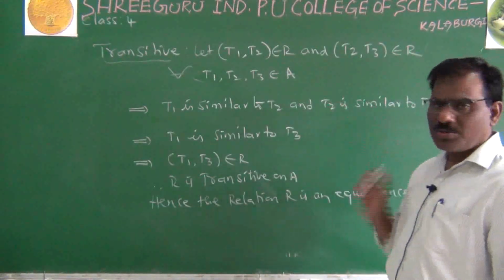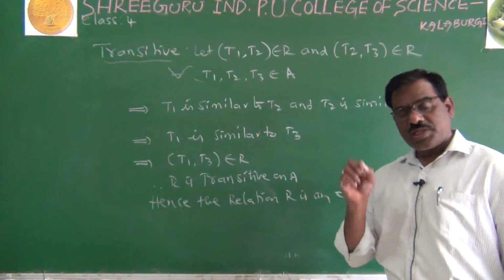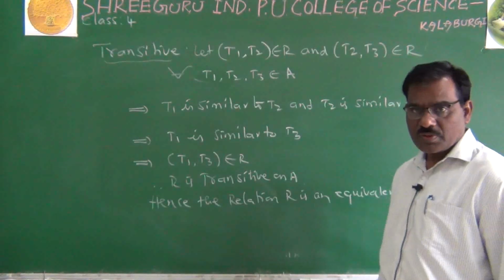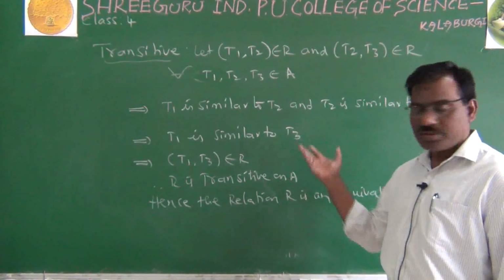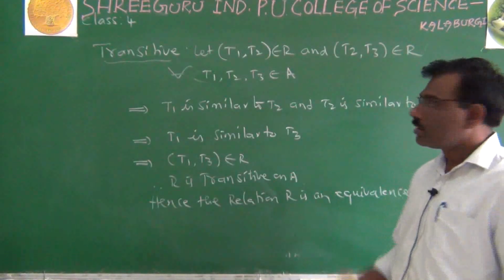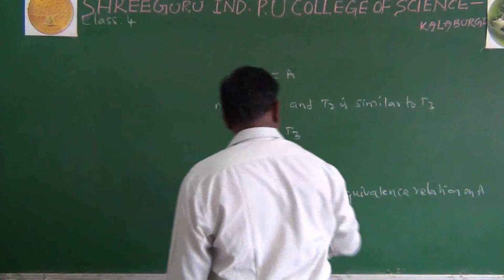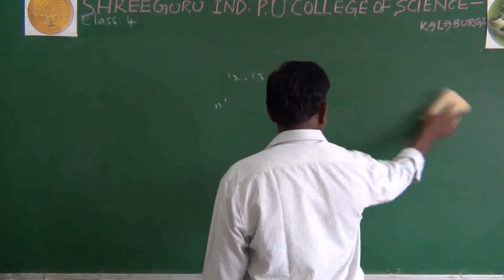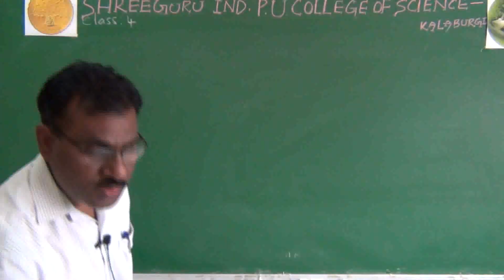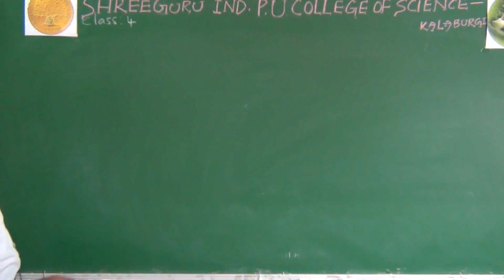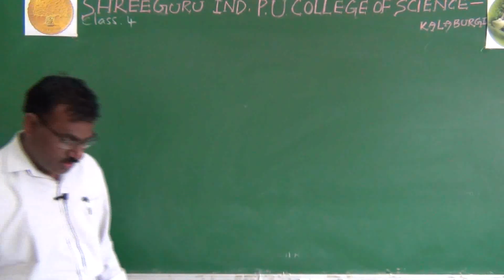So this is a standard problem. Similar is always an equivalence relation. And one more problem of the same type I will discuss, that is congruent. In congruent also, it is the set of triangles. The congruent is always an equivalence relation.